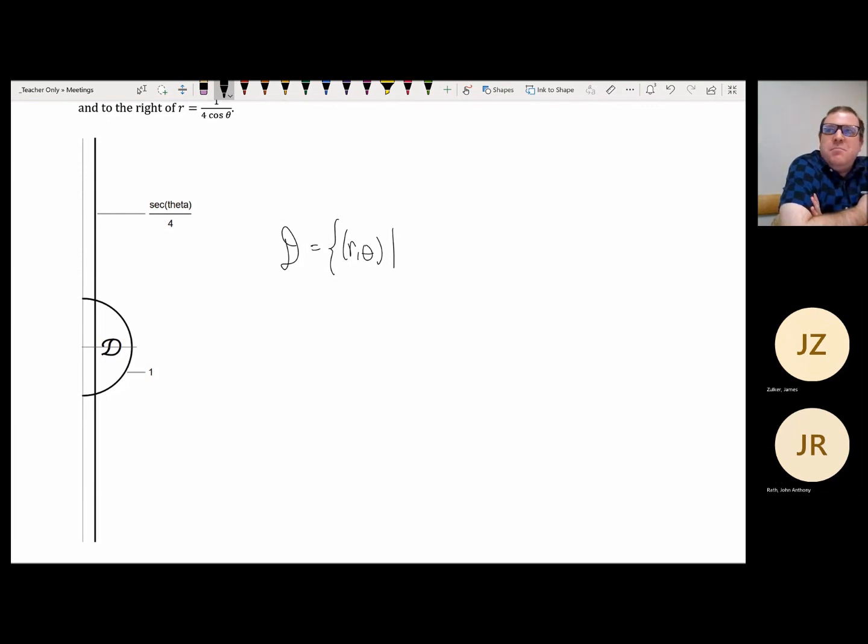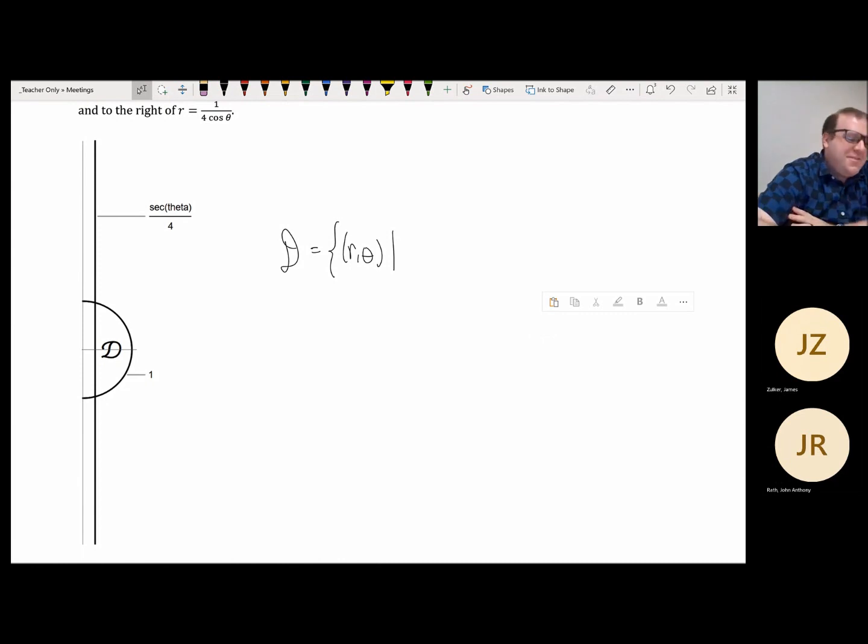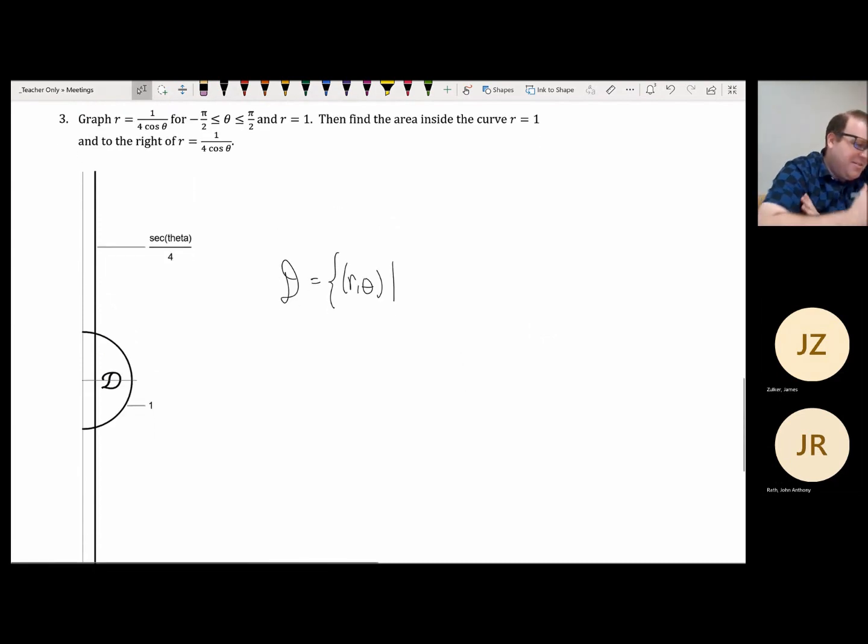And this should actually be simple. What are the bounds for r? And again, it's actually simple. Don't overthink it.